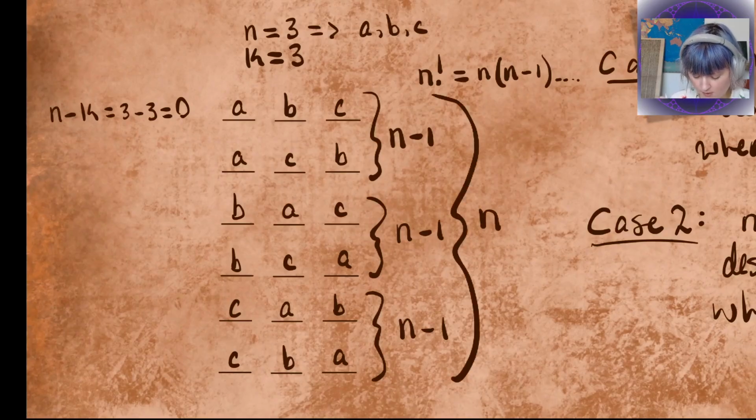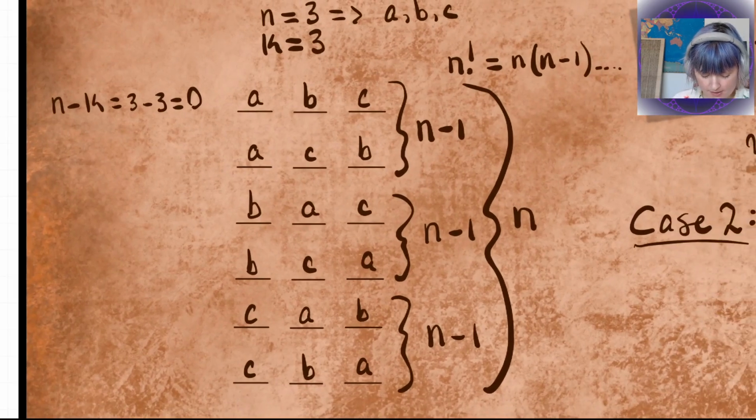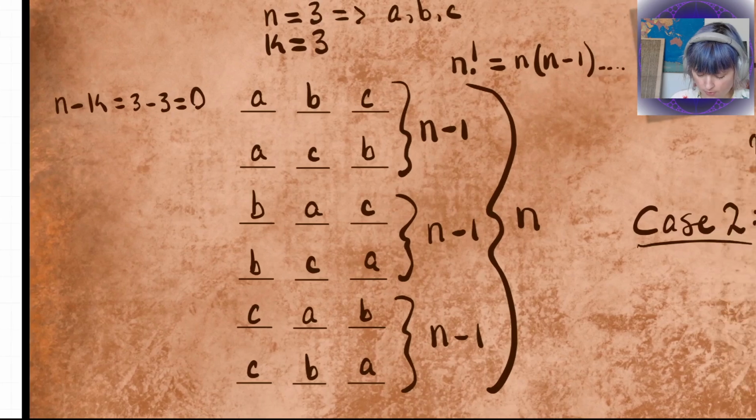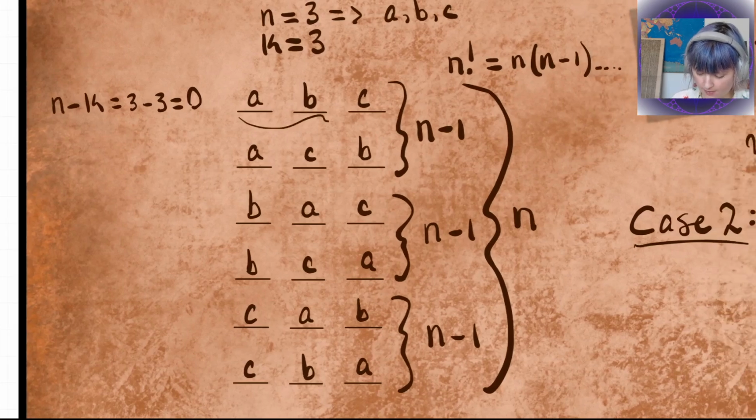But what we're going to consider this time, K. So K is, in this case, equal to 3. We have a size 3 for each of these. But K is not a variable that is independent, right?